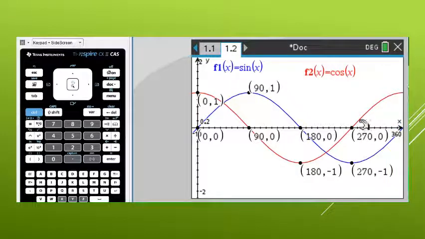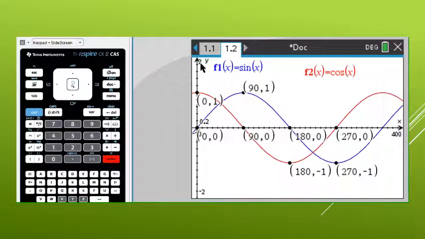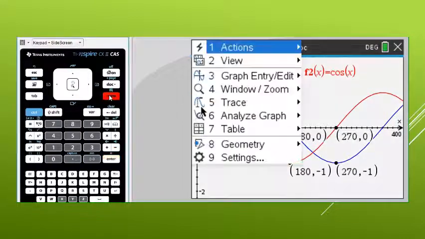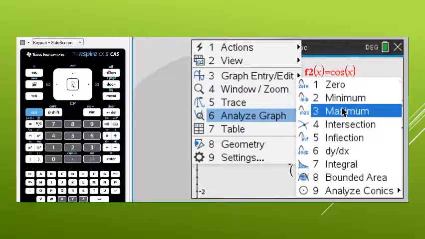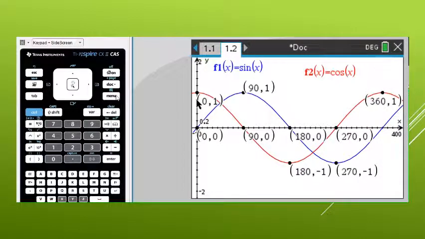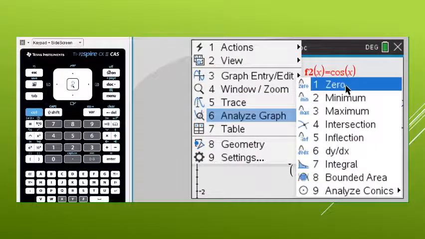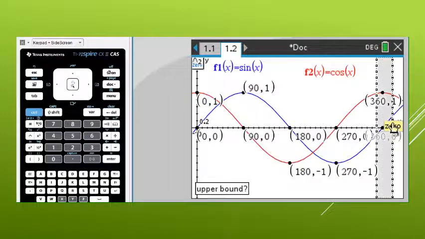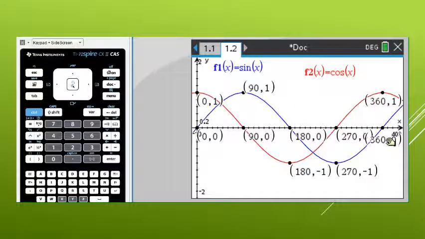I'll just make this 400, just so we can see these. I'll just mark these points in now. Maximum, this one from here to here, and Menu, Analyze Graph, we've got the zero of this graph from here to here. Okay, so you can see there's 5 key points for one period of both a sine and a cosine graph.